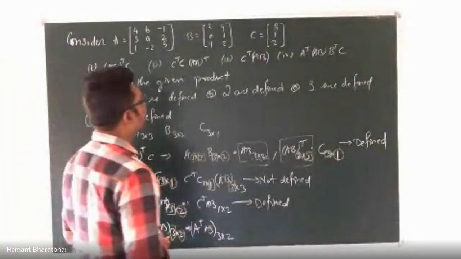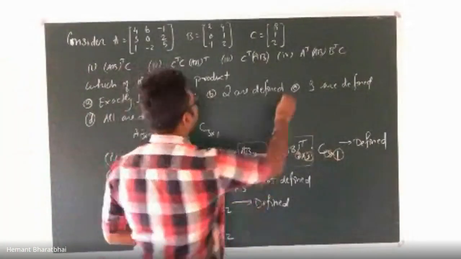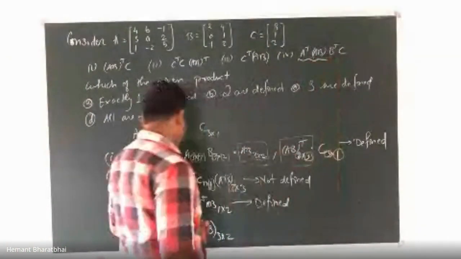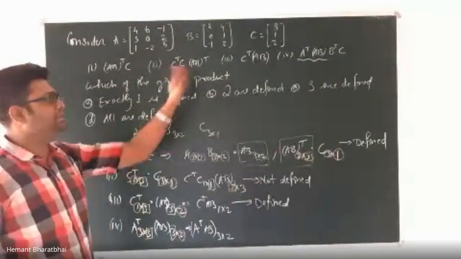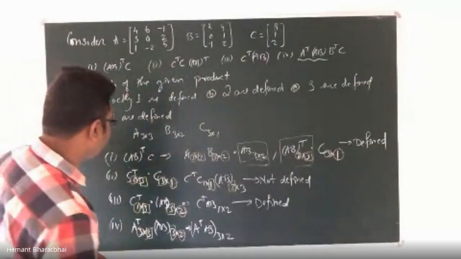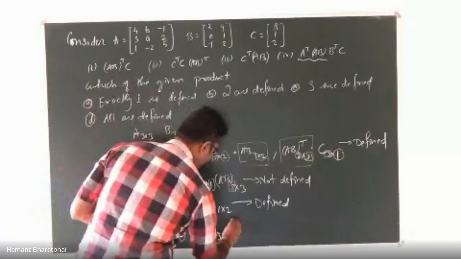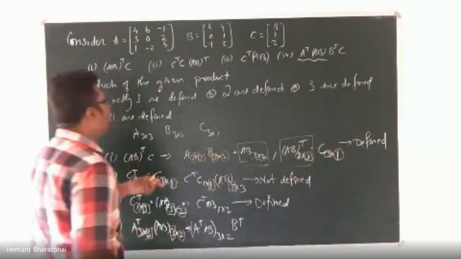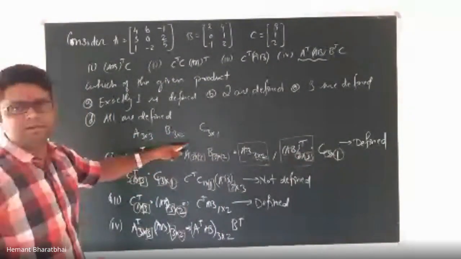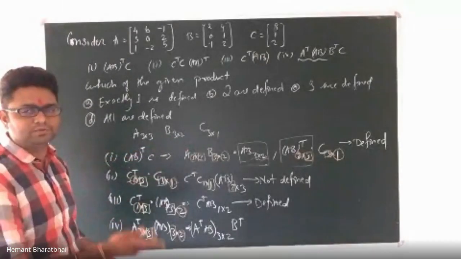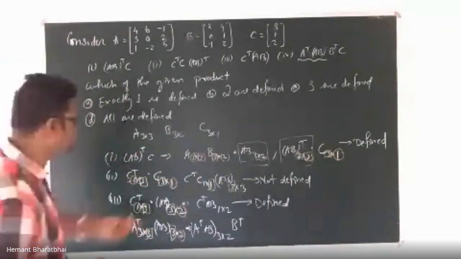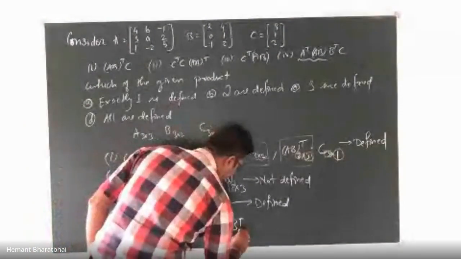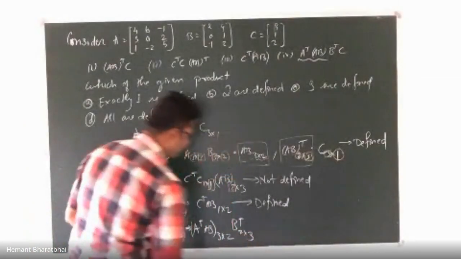Now this matrix, A transpose into AB, has been multiplied with matrix B transpose. Now B transpose will have an order. B matrix is having an order of 3 by 2. So when you do transpose, rows will become columns, columns will become rows. Therefore, the order will become 2 by 3.